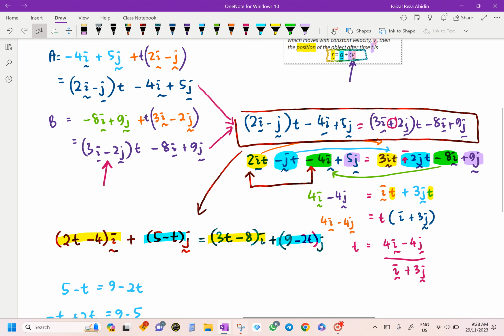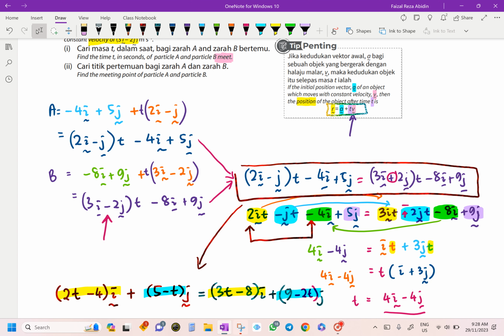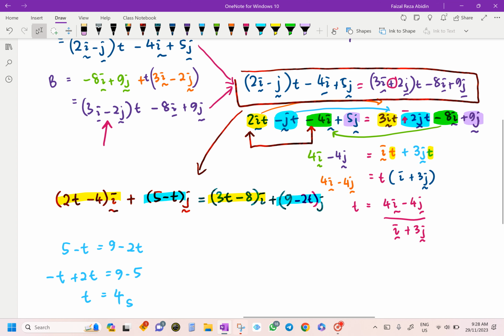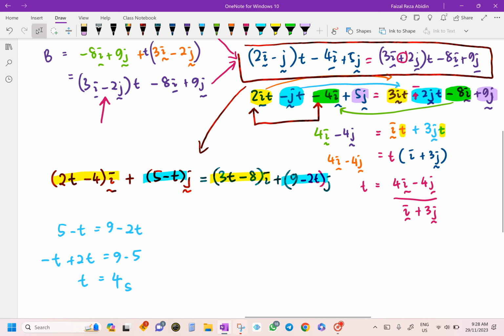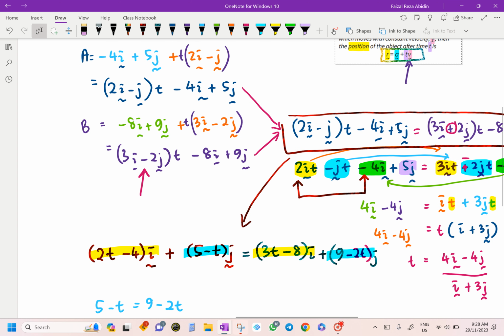Okay? Find the meeting point. So, T equals 4 second kan? So, just substitute. Substitute dekat mana? Ambil baliklah. Antara A ataupun B. Just substitute the value of T lah. With apa? With 4. Kan? So 2 times with that one is gonna be for our negative 4i plus 5j.